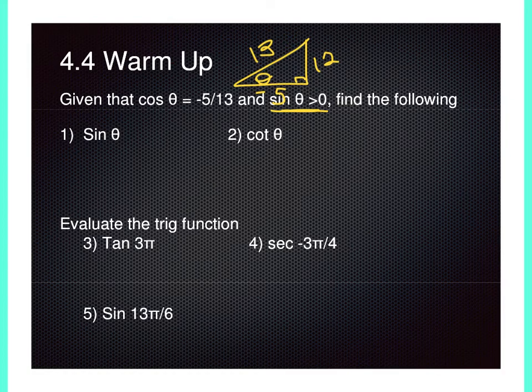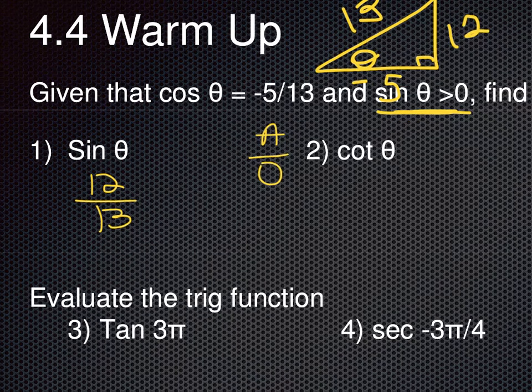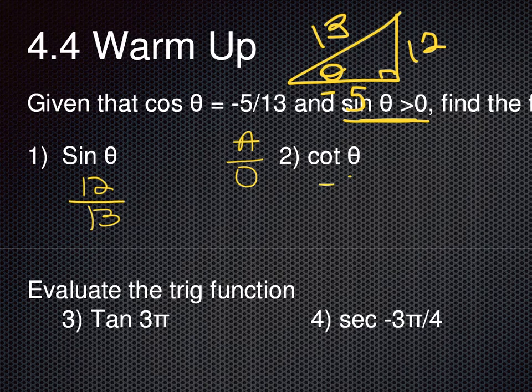Be careful, because if that had said less than 0, both the opposite and the adjacent sides have to be negative. So you need that piece of information to know if it's supposed to be positive or negative. So now I know that my sine is a positive 12 over 13. And my cotangent, which would be adjacent over opposite, excuse me, is negative 5 over 12.